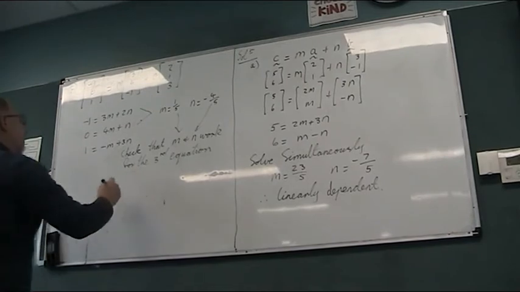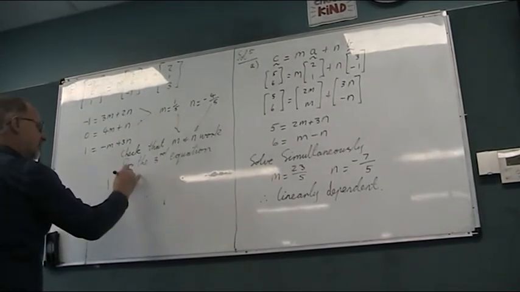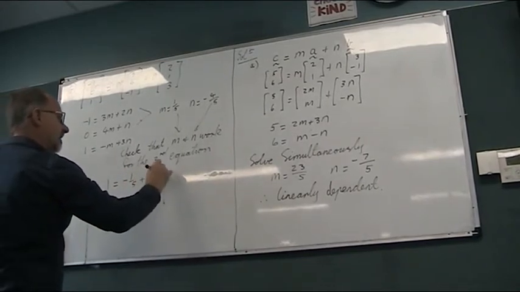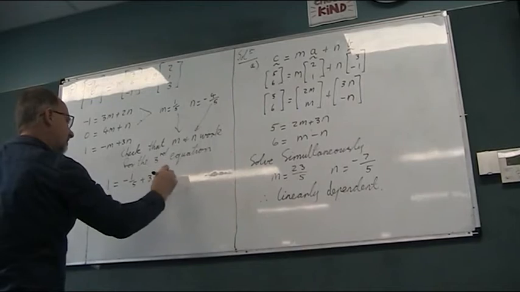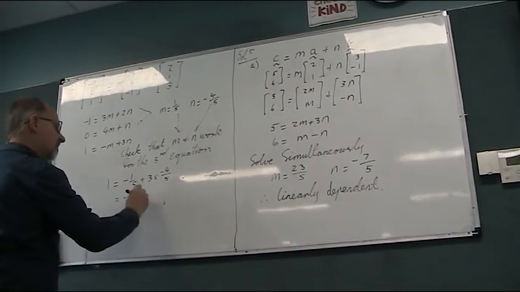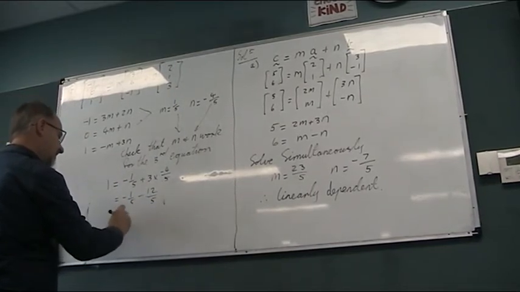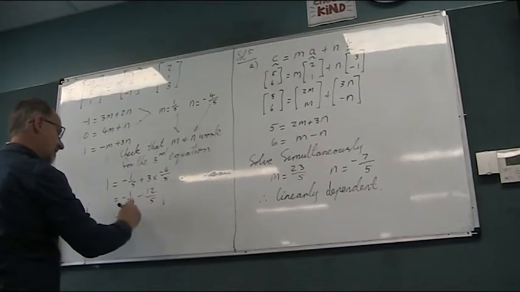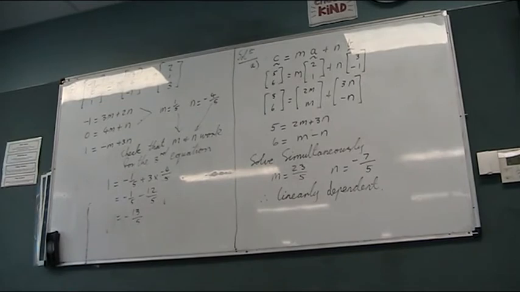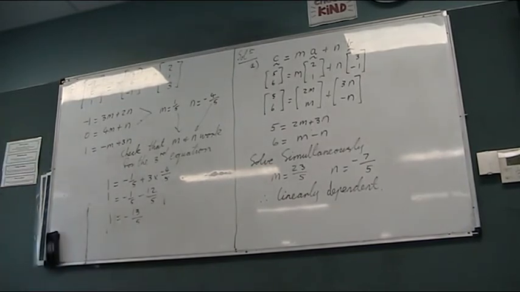So that would say that 1 should equal negative m, so negative 1/5, plus 3 times negative 4/5, which would be negative 1/5 minus 12/5, which is negative 13/5, which is not equal to 1, is it?